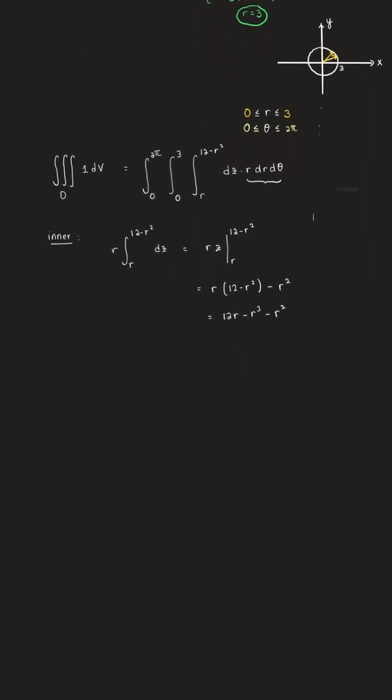All right, let's go to our middle integral, which is the integral with respect to r. r will go from 0 to 3. We've already included r from our area element. So now we've got 12r minus r cubed minus r squared dr. When we integrate this, we'll have 12r squared over 2, which is 6r squared, minus r to the 4 over 4, minus r cubed over 3, and we are integrating from 0 to 3.